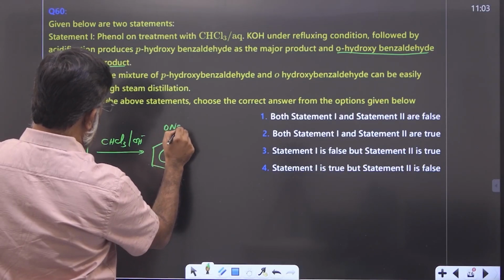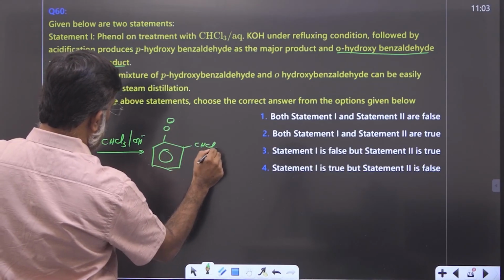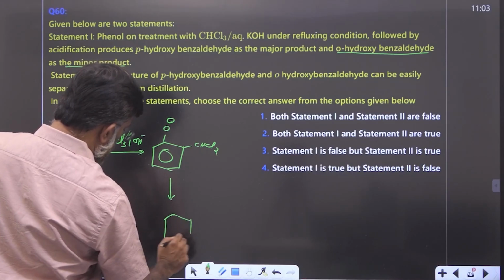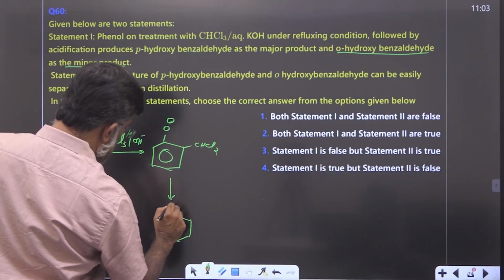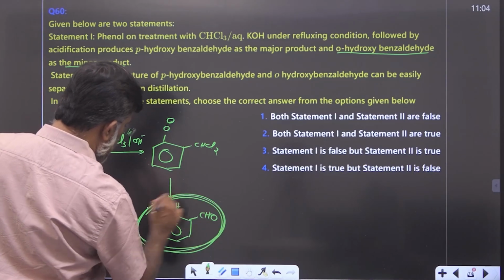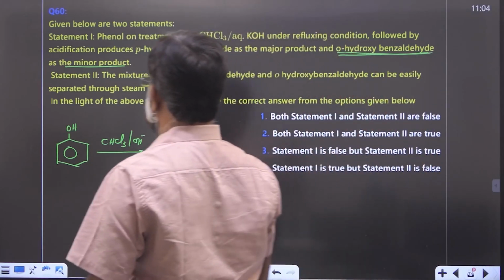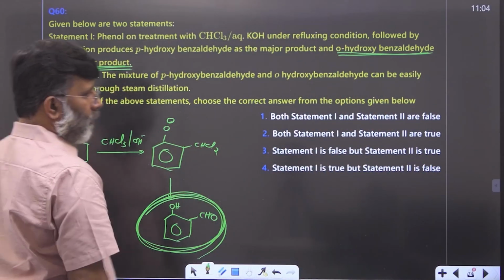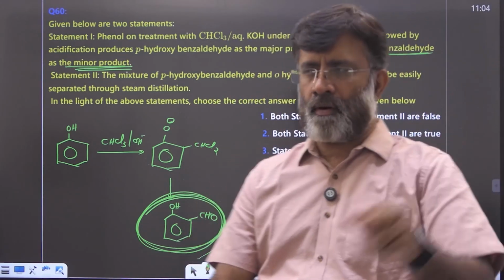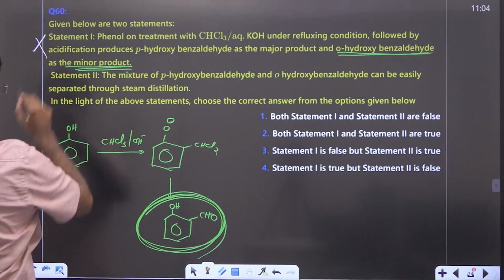This is O minus, Na or K, and this will be CHCl2, and that upon hydrolysis gives salicylaldehyde. This is the major product. That means ortho-hydroxybenzaldehyde is the major product in the Reimer-Tiemann reaction. The first statement is wrong. What about the second statement?